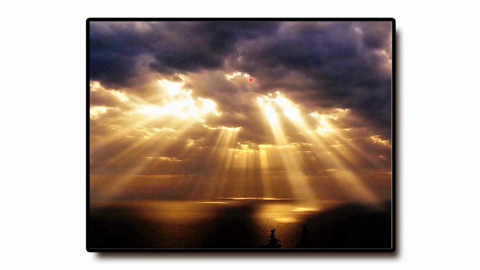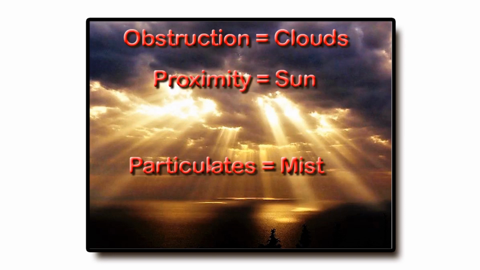Okay, so with those two traits in mind, looking at the horizontal theory and also the perspective theory, let's look at what you need to actually create crepuscular rays. Here is a simple formula to create this convergence: obstruction, proximity, and particulates.